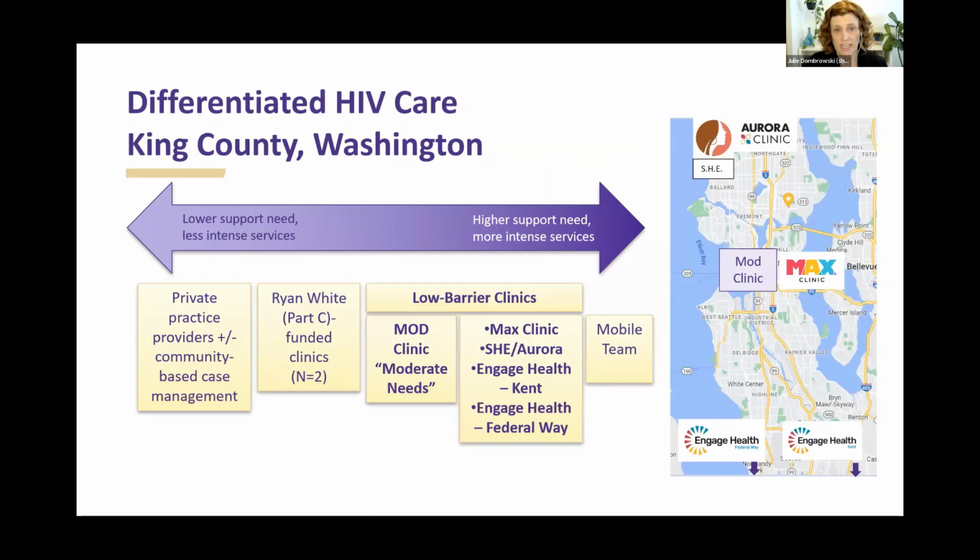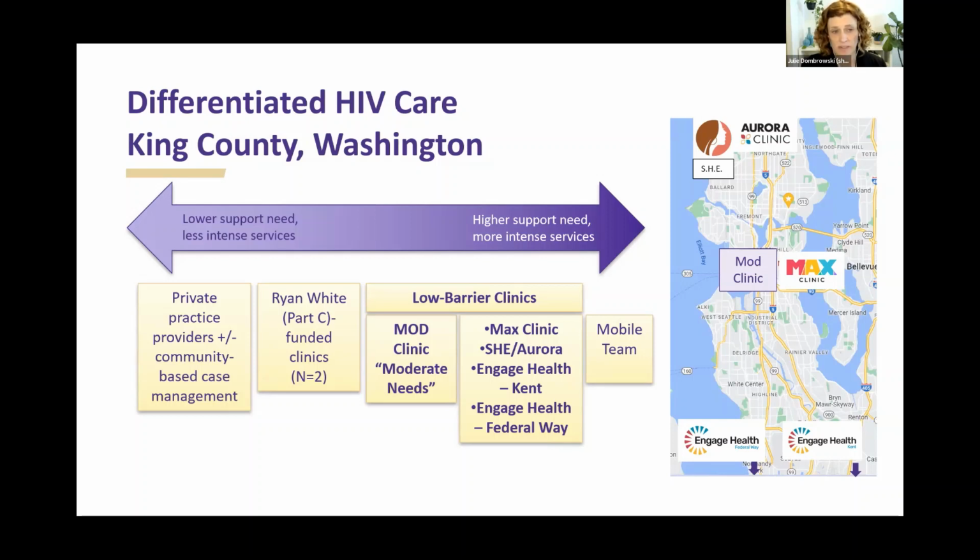In Seattle and King County, Washington, where I live and work, a system of differentiated care has evolved that is summarized on this slide. So lower support need and less intensive services primarily is represented by people with HIV, many of whom see private practice providers, are insured, don't necessarily have any needs even for case management. The Ryan White Part C funded clinics, two really excellent clinics here, including the Madison Clinic at Harborview, which is where I work.